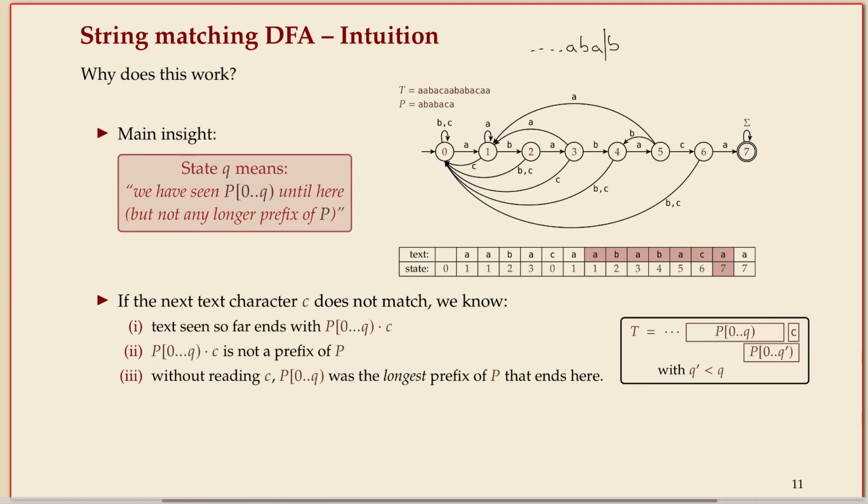In pictures, that's what the text looks like. In this situation, we have this prefix and the new character. Now what we try to find is a new state, which again is the longest prefix of the pattern. So we want to shift the pattern to the right so that we again find a partial match. The good thing about this is it only needs the portion of the text that we know.